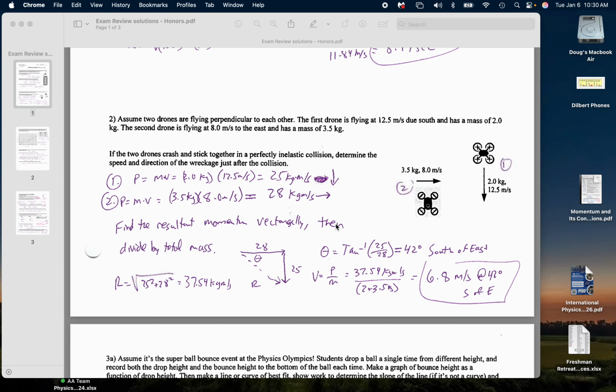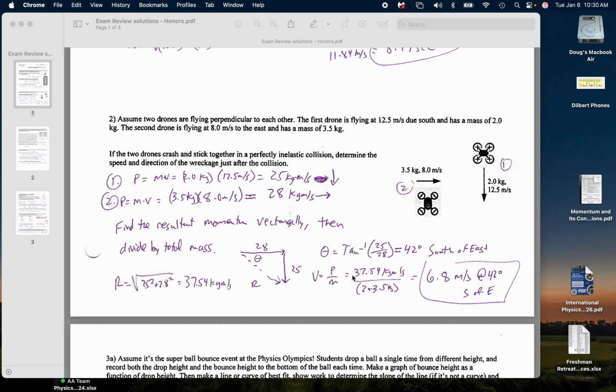If they stick together, then to find the resultant momentum, I use the Pythagorean theorem. I get 37.5, and then I take that overall momentum and divide by the mass. Remember, p equals m times v is the momentum equation. The key is that momentum is conserved vectorially. It's a vector quantity, and that's how you find the velocity.